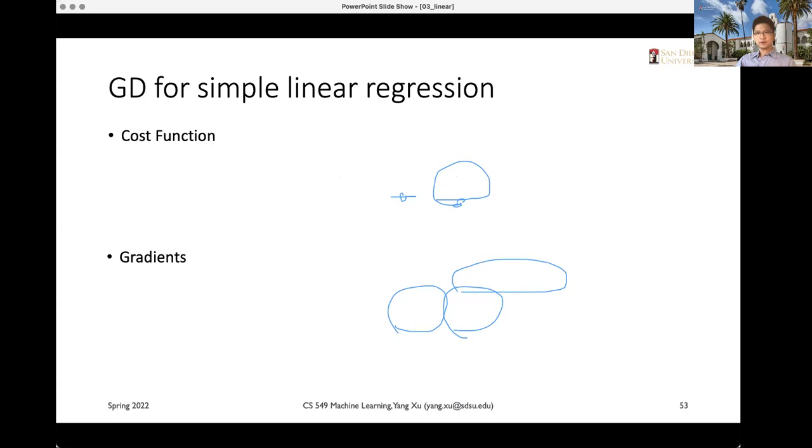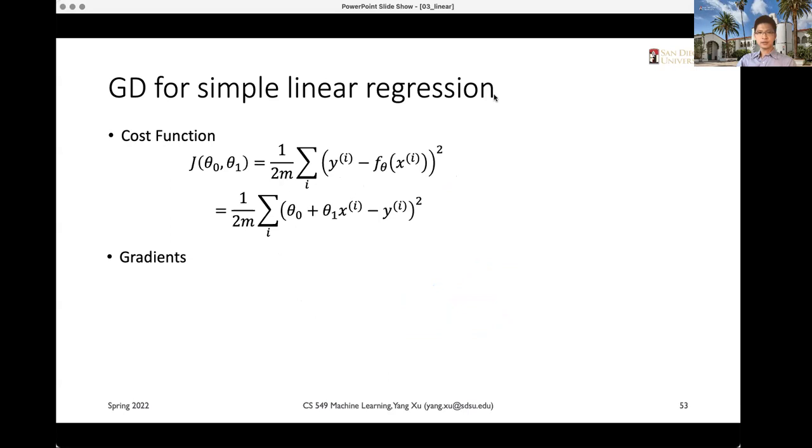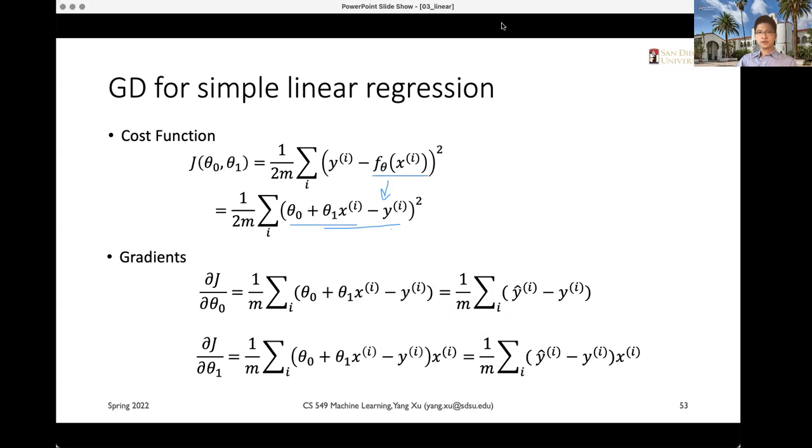So for the simple linear regression, the cost function looks like this. We substitute this cost function right into here, it will be theta 0 plus theta 1 times xi minus y, raised to the power of 2. And if we take the derivative of this function J with respect to theta 0, this is something we already did in the normal equation solution.